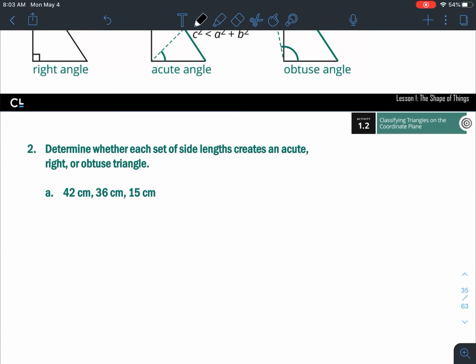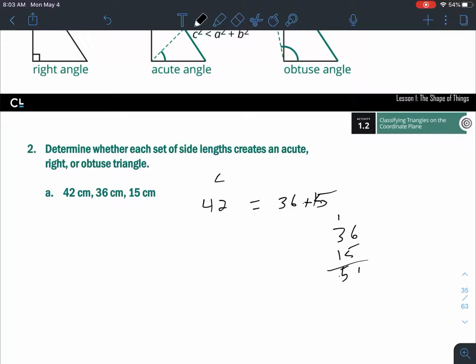Determine whether each set of side lengths creates an acute, right, or obtuse triangle. So we're going to look at this first one. We know C is going to be 42 because they said C is our largest. So that means 36 plus 15. We add these up. 6 plus 5 gives us 11, so we carry the 1. 3 plus 1 is 4. 51 comes out to be the total.